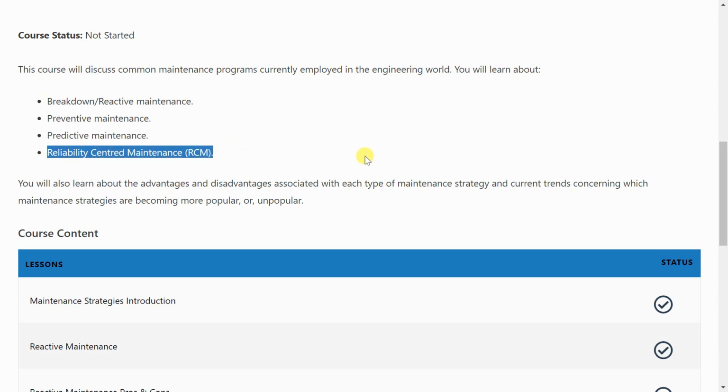Reliability-centered maintenance is considered the absolute king of all maintenance strategy types. It's a type of maintenance strategy that looks at every machine individually, assesses its criticality, and then matches a maintenance strategy to that specific machine.